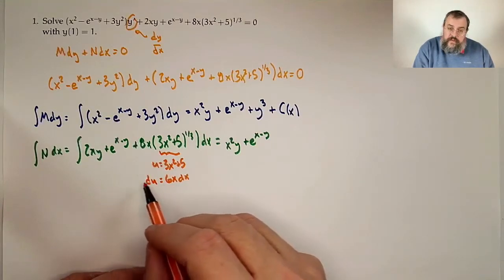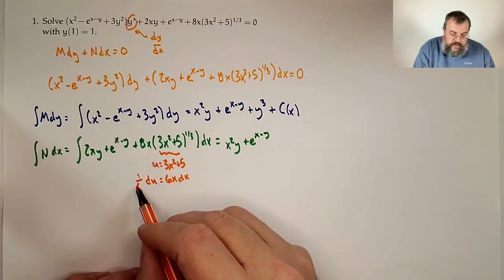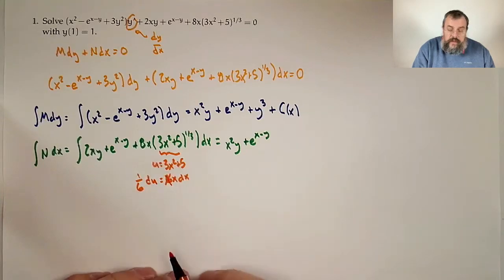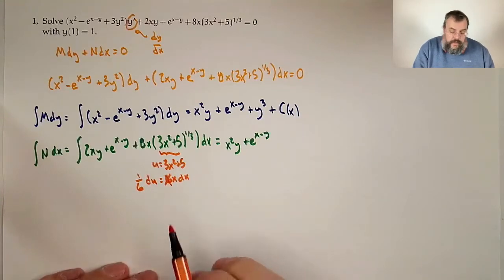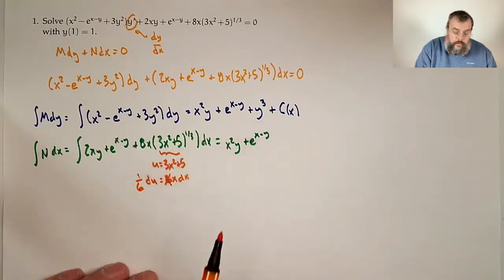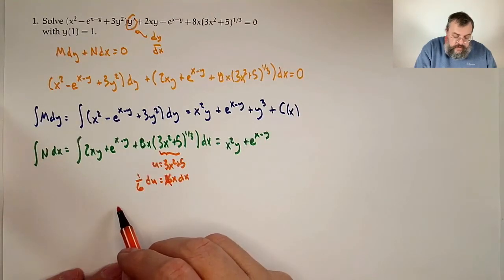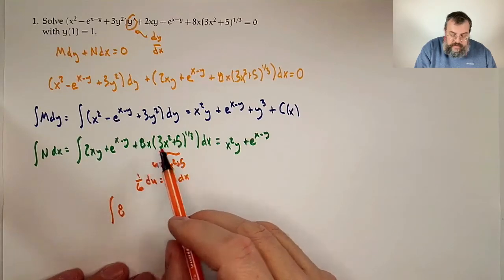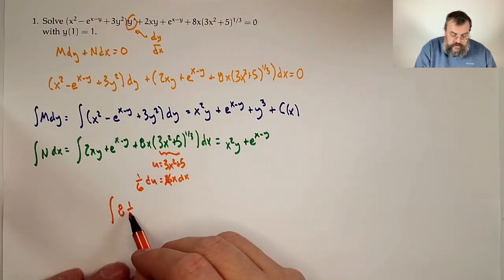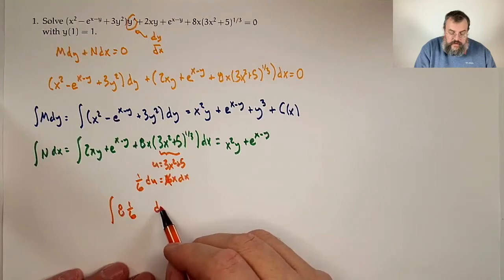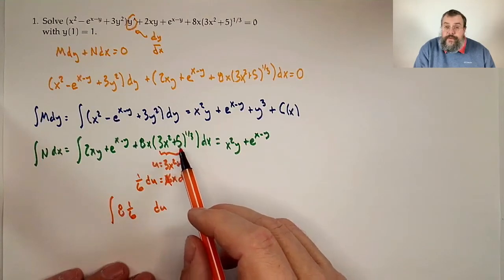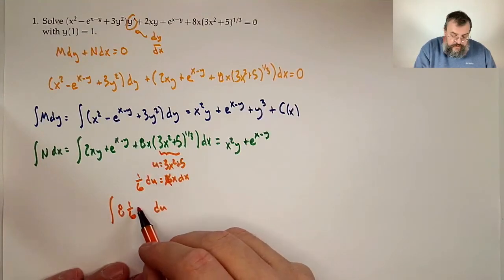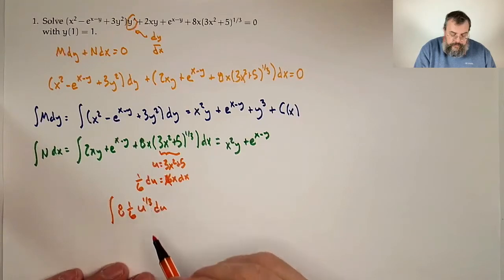Well, we can move the 6 over. So we could say 1/6 du is x dx. Now, just this piece, what happens? Well, the 8 is 8. And then the x dx is 1/6 du. And the (3x squared plus 5) to the 1/3 is u to the 1/3.